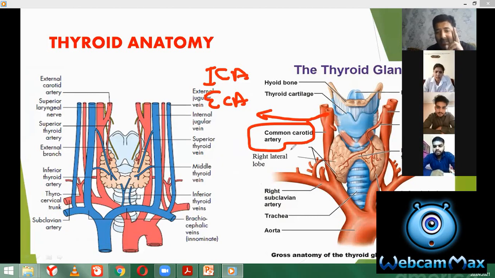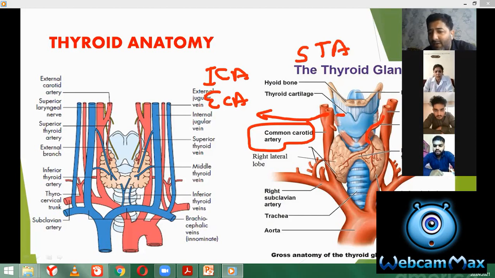This division of the carotid artery occurs at the superior border of your thyroid cartilage. From here it will give a branch. See here, this branch. And this is your which artery? This is your superior thyroid artery.